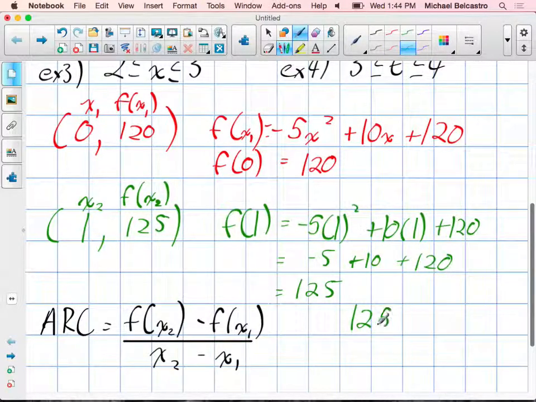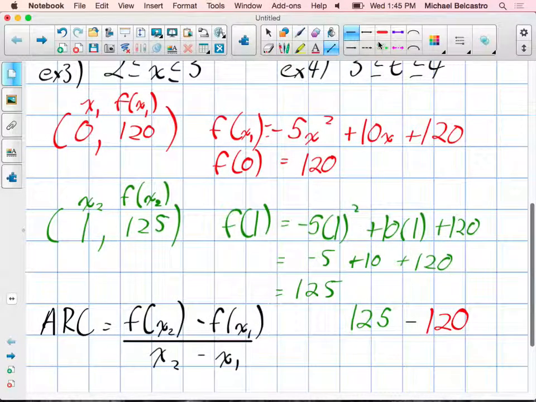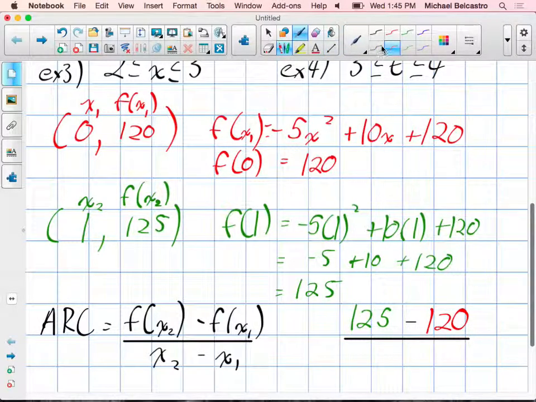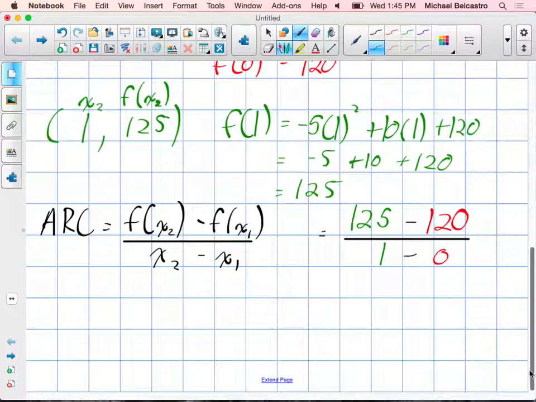So we have 125, and we subtract our f at x1, which is the y value from that coordinate, which is 120, divided by our actual x coordinates. Our x2 was the value of 1, and our x1 was the value of 0. So for this average rate of change, the division part is quite simple for us. We're going to have 5 over 1. So what is the average rate of change? Just the value of 5.